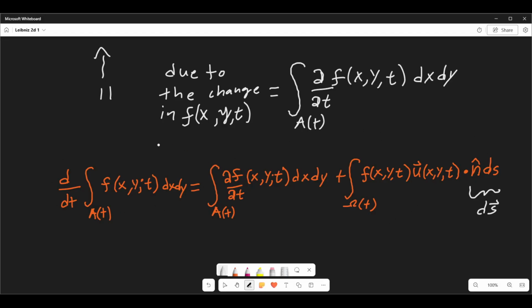So it basically starts with the derivative of an integral over an area, and progresses to be a partial derivative of the integral over the area, and then a boundary integral that involves the velocity.